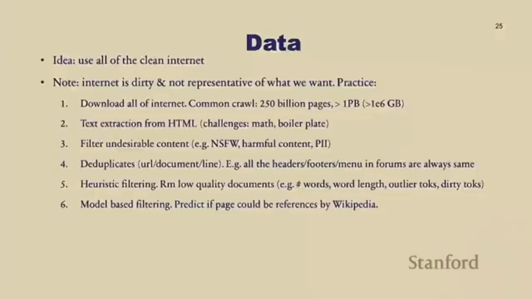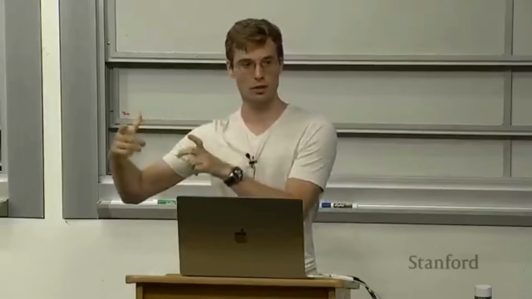Next step, model-based filtering. Once you've filtered a lot of data, what you will do, and that's actually a very cute trick, is take all of Wikipedia and look at all the links that are linked through Wikipedia pages. Because if something is referenced by Wikipedia, it's probably some high quality website. And you will train a classifier to predict whether a document comes from one of these references from Wikipedia or whether it's from the random web.